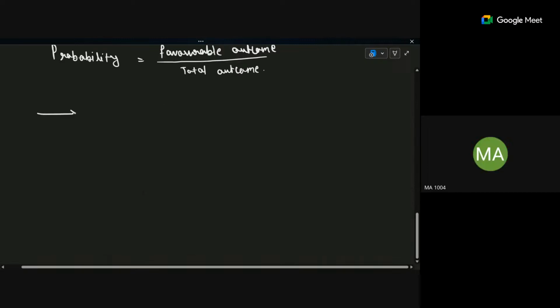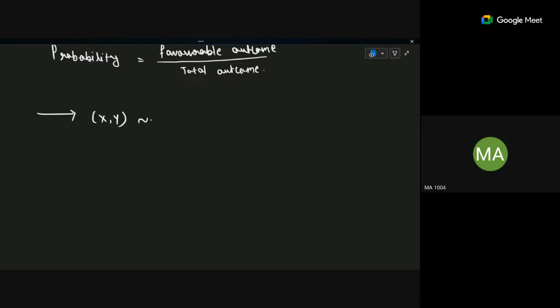So let's change a little bit. If I say x and y are random variables which are uniformly distributed in the region, let us say 0 to 2 cross 1 to 3, then how will you proceed?